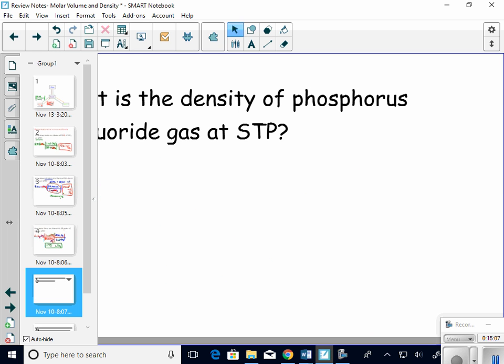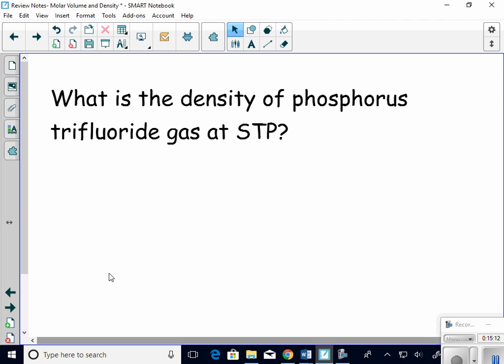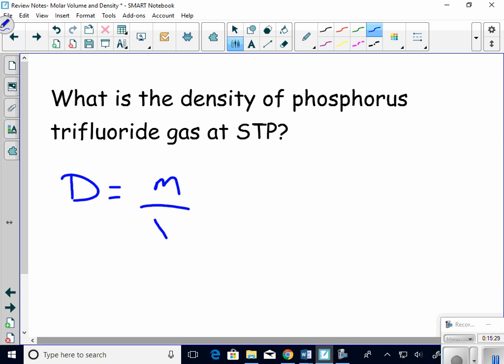Well, now that we're good with those two steps, let's get this guy down and work a little bit of density. What is the density of phosphorus trifluoride gas at STP? I know density is mass over volume, correct?